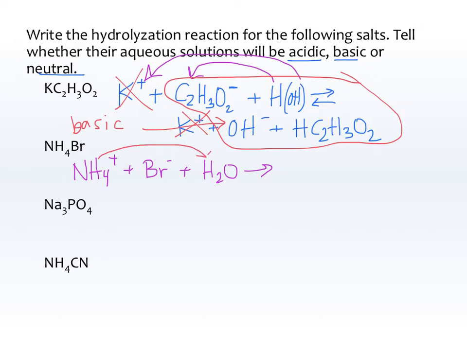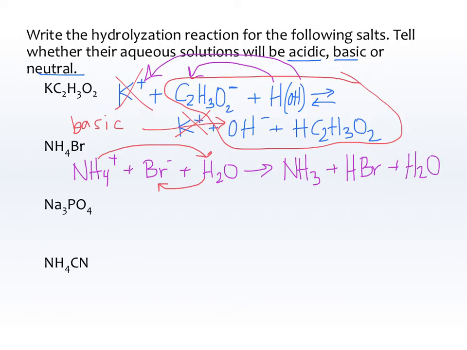The NH4 is the kind of thing that would give a hydrogen to water, and the Br minus is the kind of thing that would take a hydrogen from water. So it looks like we've got the same thing happening. We'll end up with NH3 when the NH4 plus loses a hydrogen to water, and we'll end up with HBr, and then we'll end up with water.